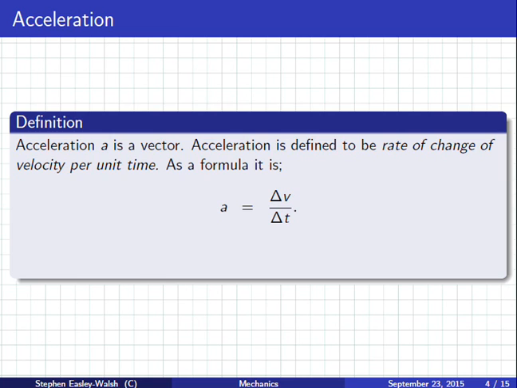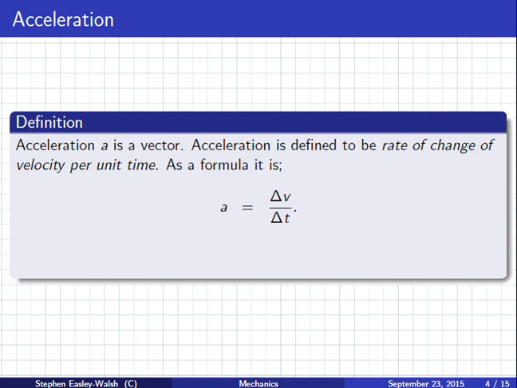This is the formula for acceleration. Yeah, we'll get into that in a moment. But just as a basic idea, acceleration is the change in velocity.